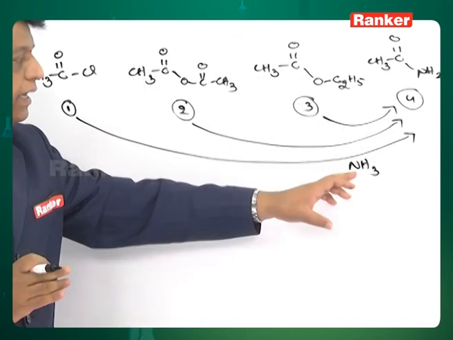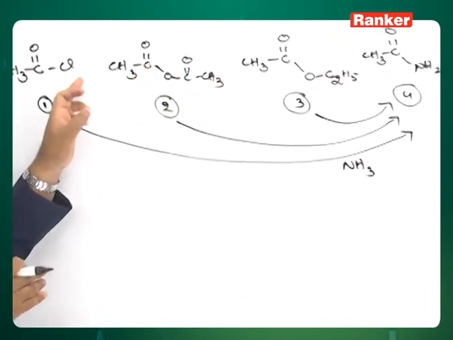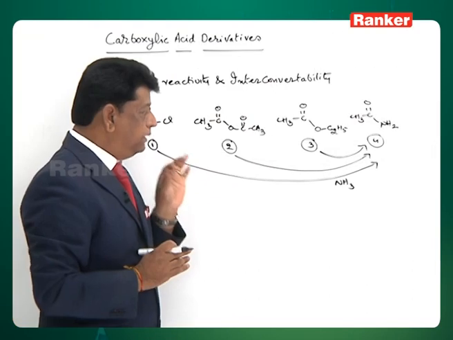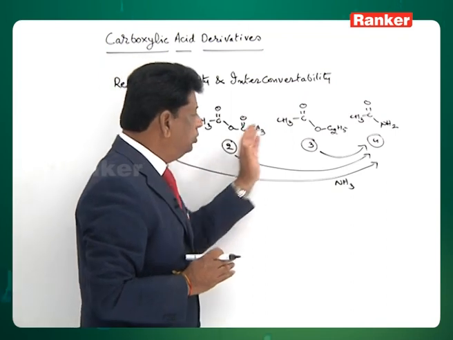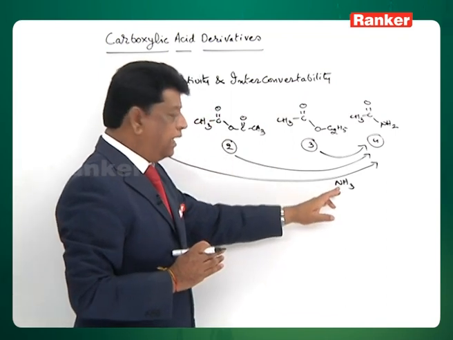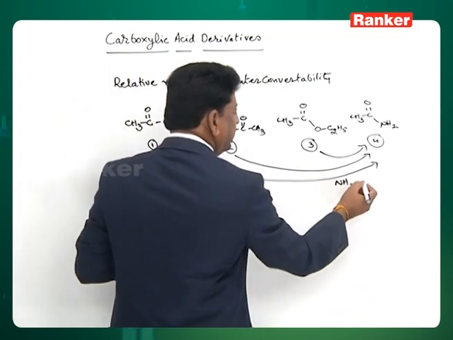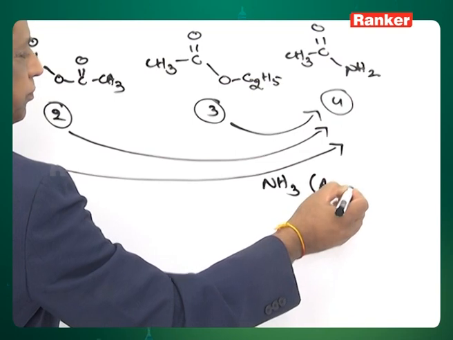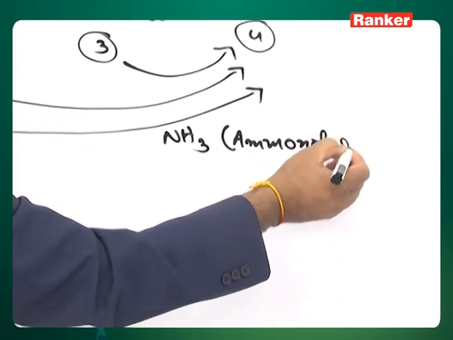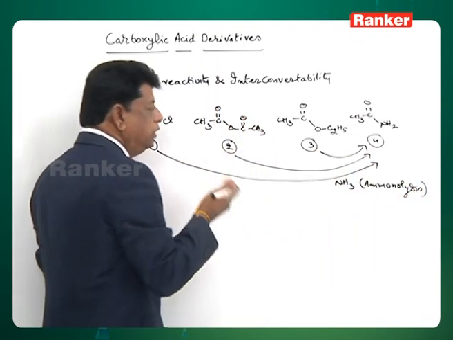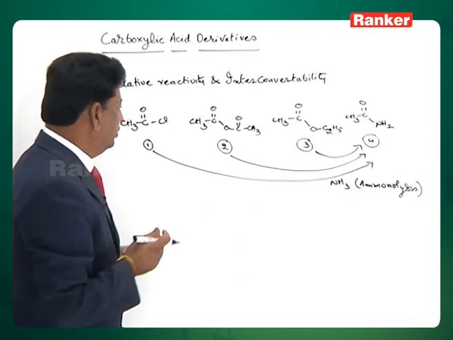NH2 minus is replacing the alkoxide or acetoxide or halide. It is basically a nucleophilic substitution reaction. So 1, 2, 3 reacting with ammonia to give 4, this reaction I can call ammonolysis. Ammonia is used, so ammonolysis. So 1, 2, 3 undergo ammonolysis and spontaneously give the 4th compound.